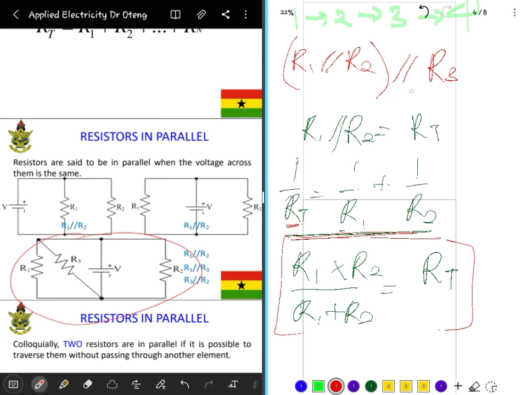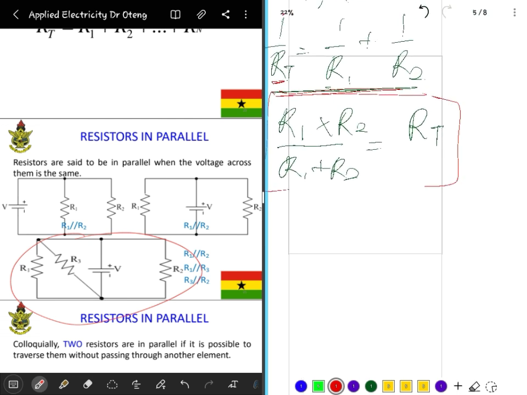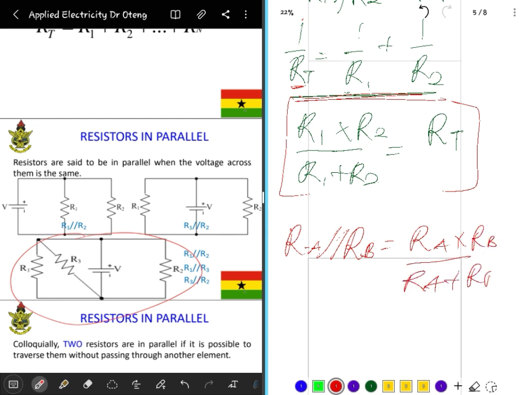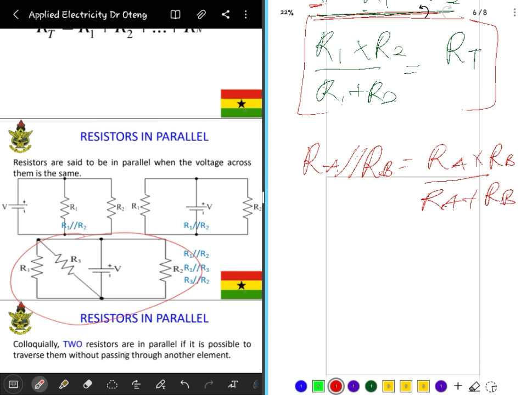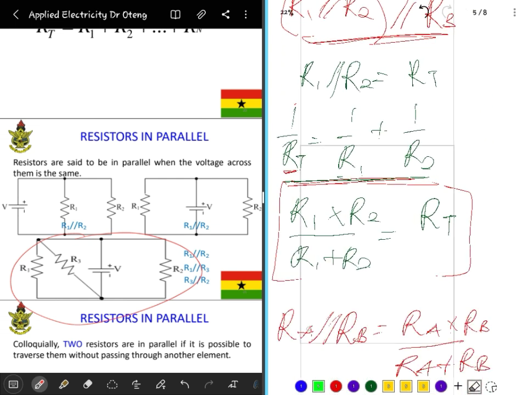To find the result of this whole thing, this is what we do. RA parallel RB is equal to RA times RB all over RA plus RB.